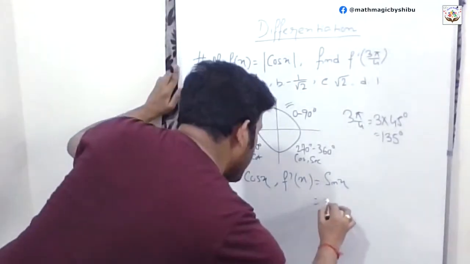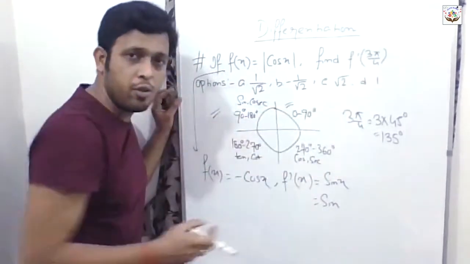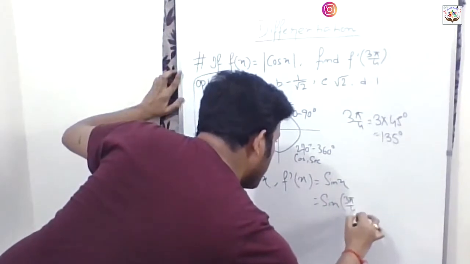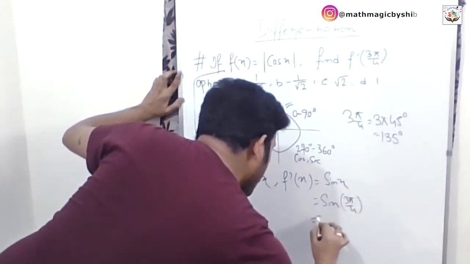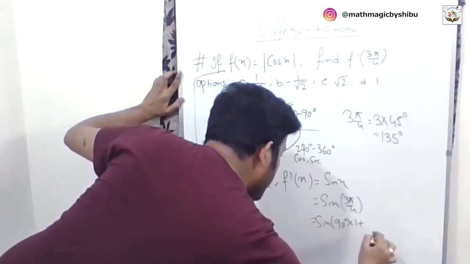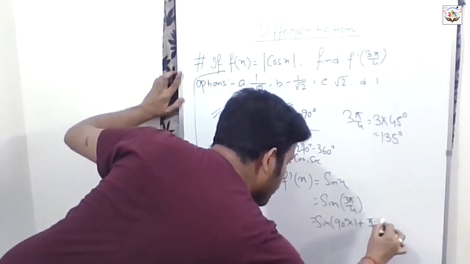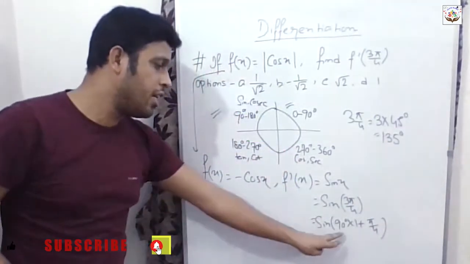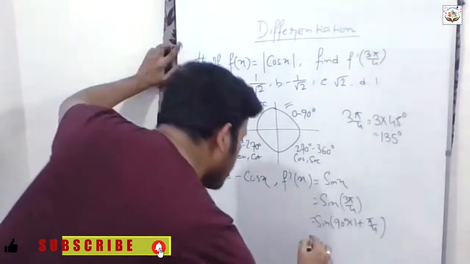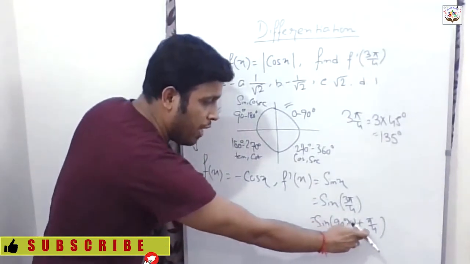So what will be the value? Now in place of x, we will be replacing 3 pi by 4, that means 135 degree. So it will become sine of 90 degree into 1 plus pi by 4, which is 3 pi by 4. 90 degree can be represented as pi by 2, as you know. So 90 degree into 1 plus pi by 4.